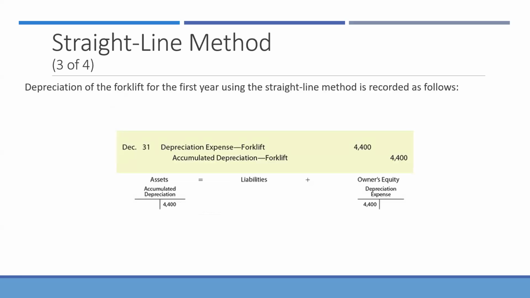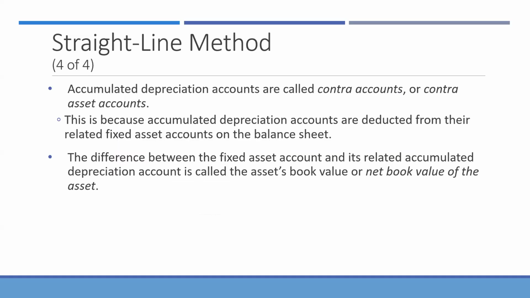And then we record our expense as follows, with a debit to depreciation expense and a credit to accumulated depreciation. It's December 31st because it's an adjusting entry at the end of the period. Accumulated depreciation is a contra account, much like allowance for doubtful accounts, right?